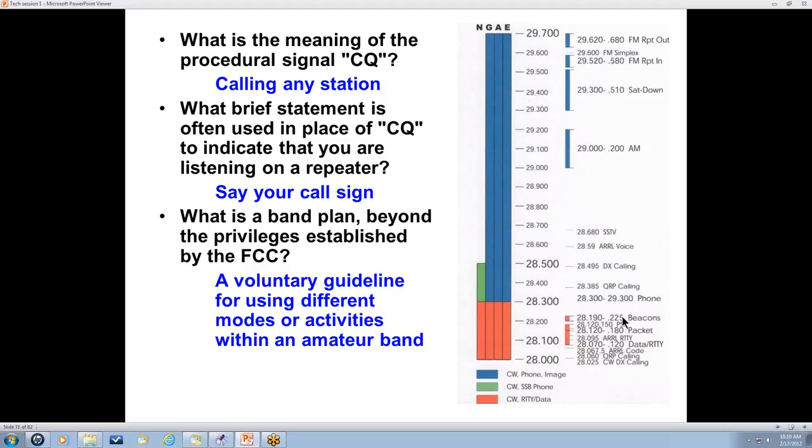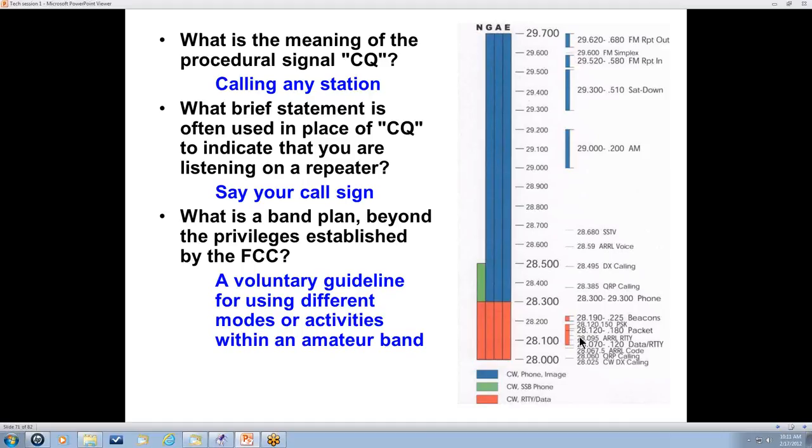These are beacons, for instance, up on Oahu at the Brigham Young University campus at Laie, they have a beacon that transmits, and people can listen for it to hear if there's communication between wherever they happen to be and Hawaii. If they can hear the beacon, then they know they can operate to Hawaii. So here's a frequency range for beacons on the 10-meter band.